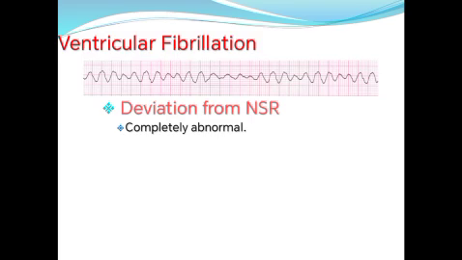Either if there is no pulse in ventricular tachycardia, pulseless ventricular tachycardia, or ventricular fibrillation, this is called shockable cardiac arrest, or a shockable rhythm, that we can use the DC shock to revert to the sinus rhythm. It is fatal, and it is a type of cardiac arrest that is called a shockable rhythm.